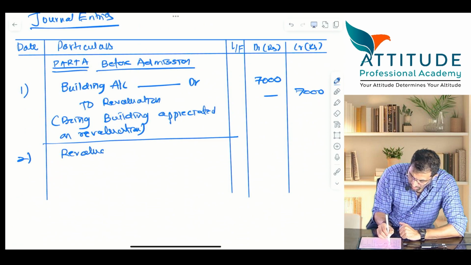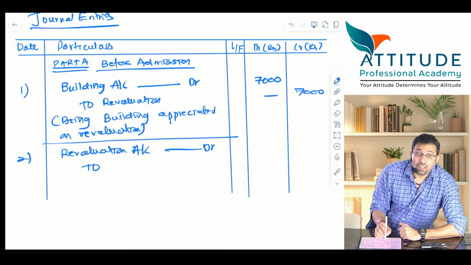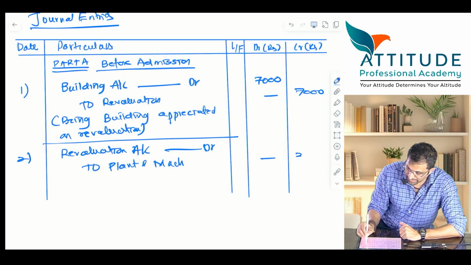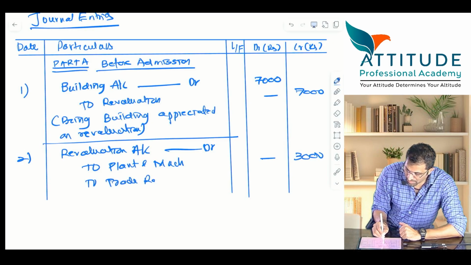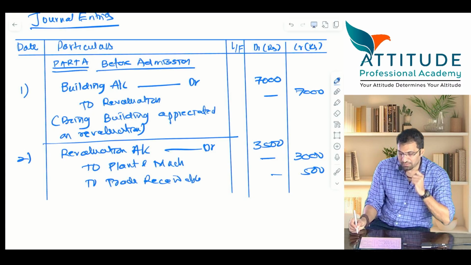Speak up. Revaluation account debit. Don't put the amount now only. Which is decreasing, to what? Plant and machinery. Plant and machinery is decreasing by how much? 3,000. To trade receivables. Trade receivables how much? 500. Total is 3,500.